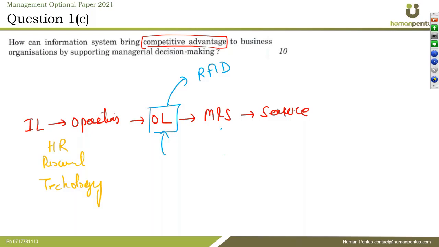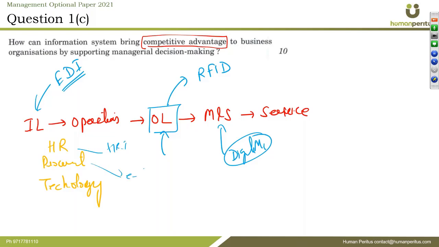Similarly, you can use digital marketing tools for your marketing and sales. Similarly, for inbound logistics, you can use electronic data interchange. For HR, you can use HRIS. For procurement, you can use e-procurement and so on. You can develop any number of examples, okay?